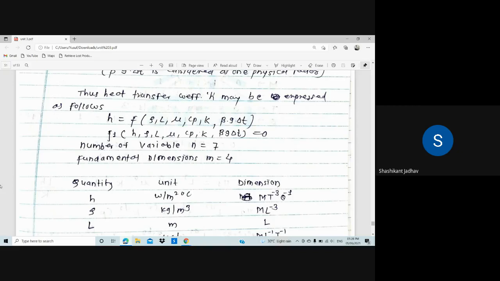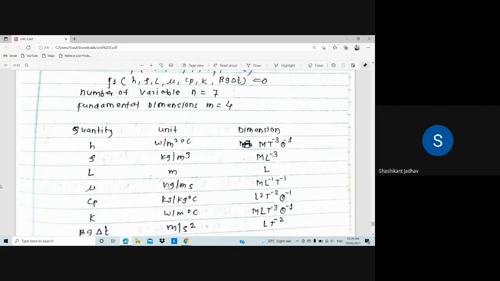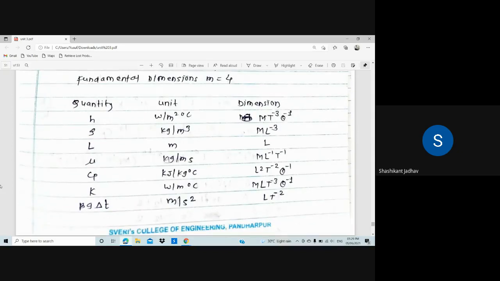Write down the number of variables n is equal to 7, and fundamental dimensions m is equal to 4, because we have to check the dimensions of all these quantities. M is there, L is there, T is there, theta is there. So all dimensions are covered in these 7 quantities.